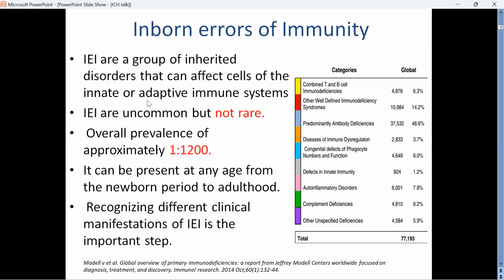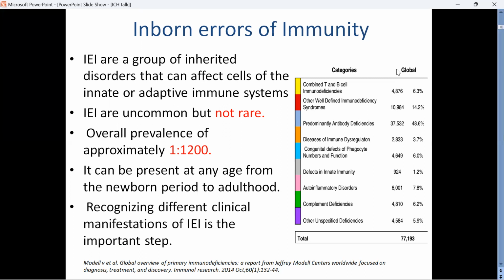The reason is that until 6 months, the maternal immunoglobulin will be there in the child, taking care of the child. Once this subsides, the B cells of the patient do not produce immunoglobulins and then they show signs of infections and symptoms. So the timing of presentation of the child is very important to identify what type of immunodeficiency the child has. Recognizing different clinical manifestations of inborn errors of immunity is also a very important step.